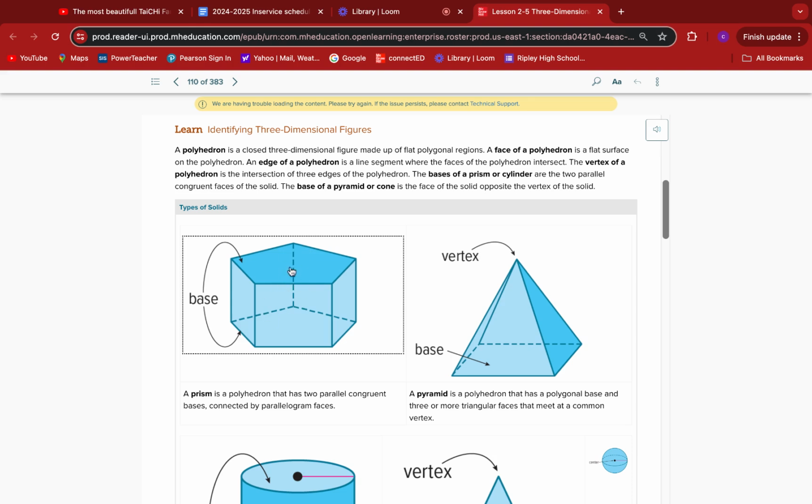This would be a pentagonal prism, because the base on the top and the base on the bottom are both pentagons. And it's a prism because the other faces are rectangles. All right.